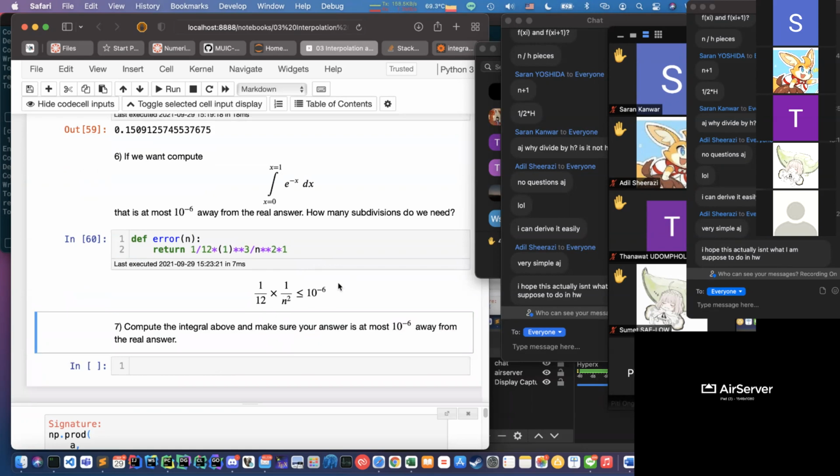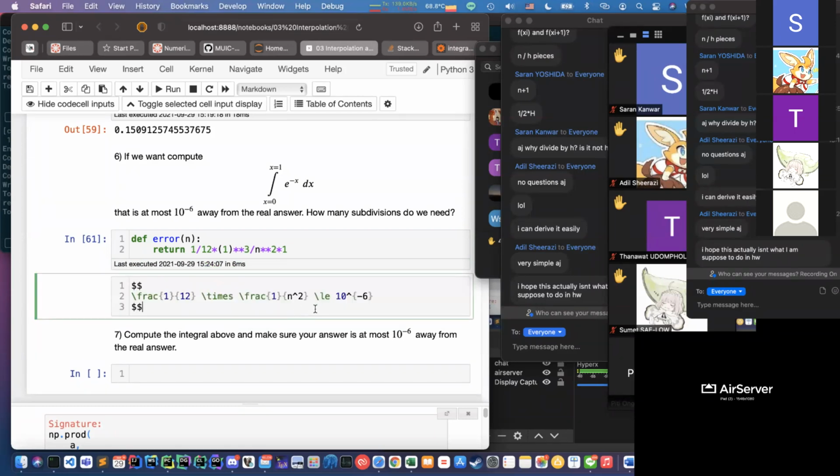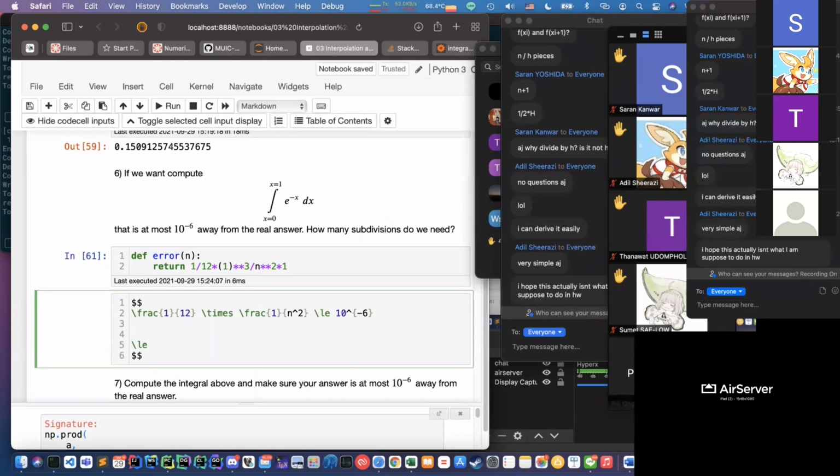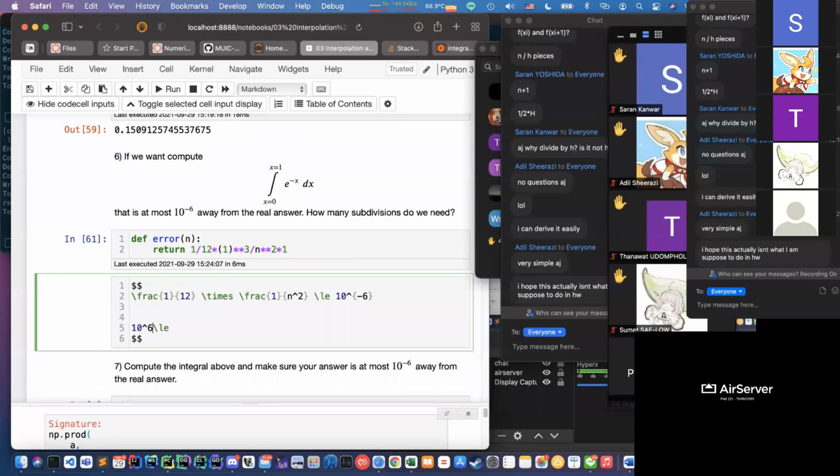You just put the n over here, 10 to the minus 6 over here, then square root everything. So that means 10 to the 6 divided by 12 has to be less than or equal to n squared. So I just take the square root.